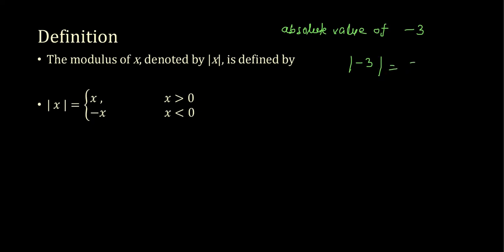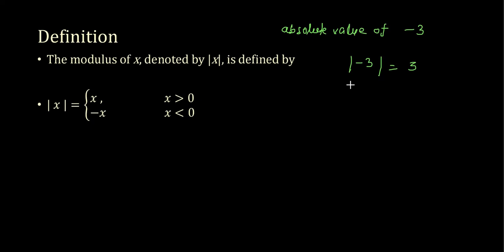So absolute value means the minus sign changes to plus sign, in simple words. It is asking just the magnitude of minus 3, which is just plus 3. Obviously for any positive number the absolute value will be the same: if it is plus 4, the absolute value will be plus 4; if it is plus 3, the absolute value will be just plus 3.